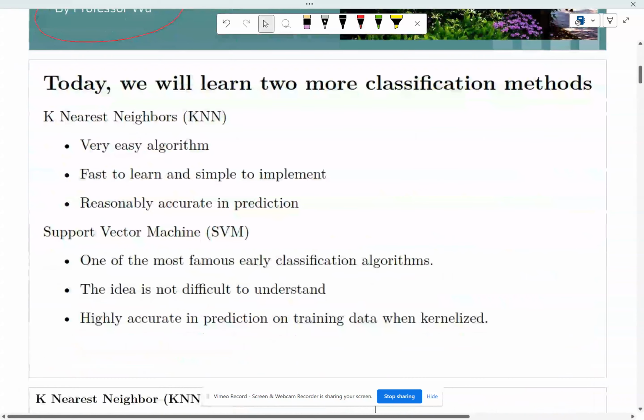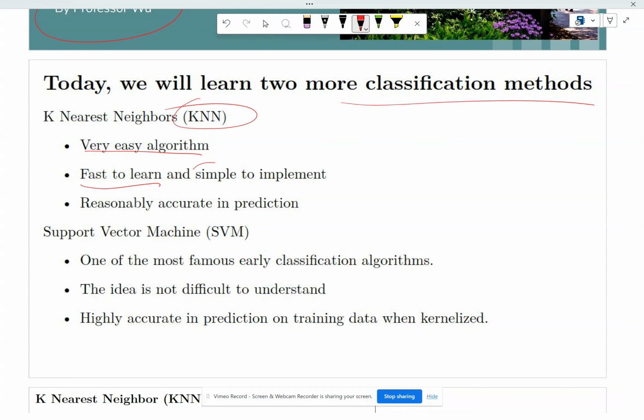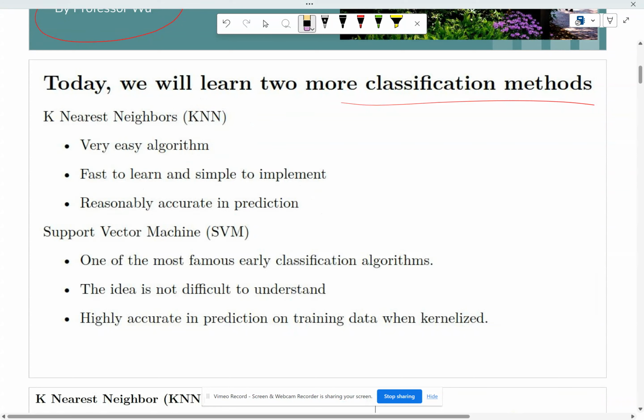So today we're going to learn two more classification methods. K-nearest neighbor is a very easy algorithm, fast to learn, simple to implement, and reasonably accurate in prediction. Support vector machine, SVM, is perhaps one of the most famous first generation classification algorithms.